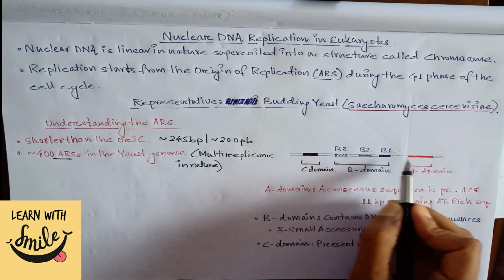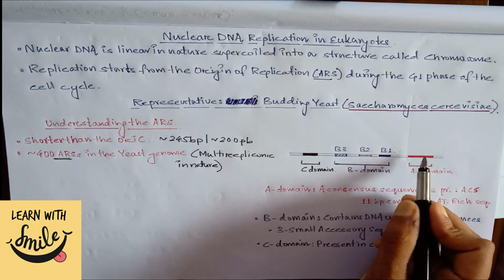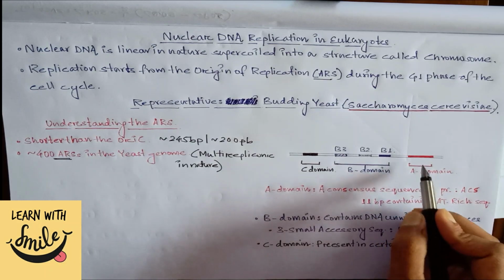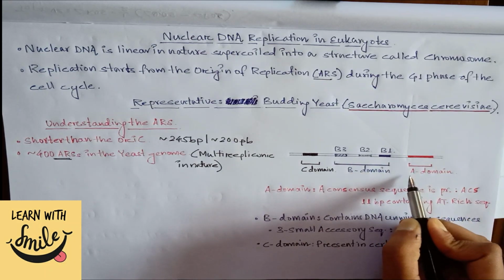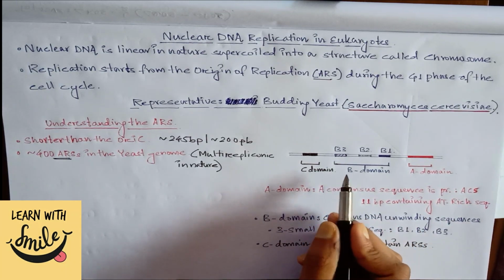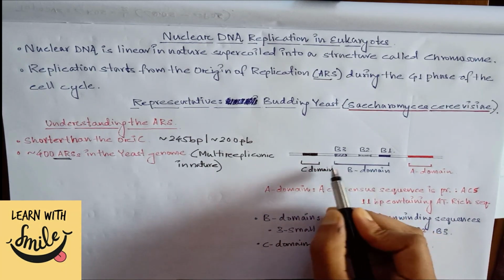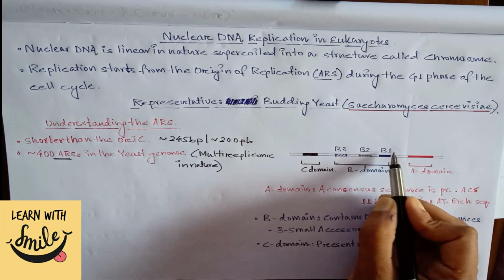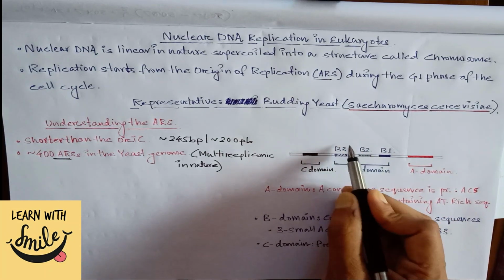Looking into its diagrammatic representation, we can see that there are certain domains, namely the A domain, B domain, and C domain. We have also seen that the B domain is further divided into subdomains, namely B1, B2, B3.